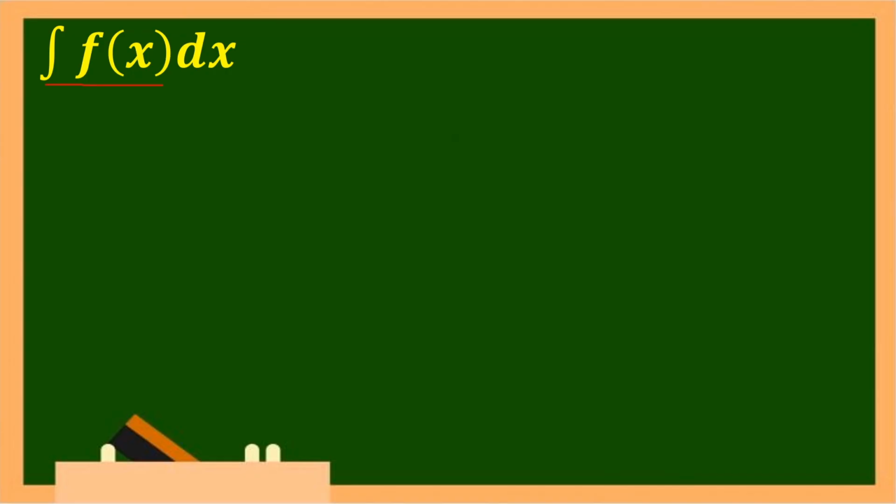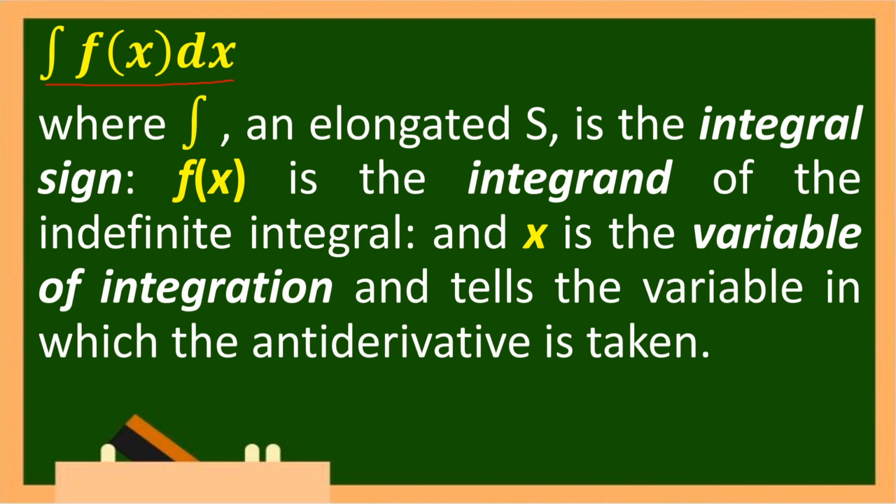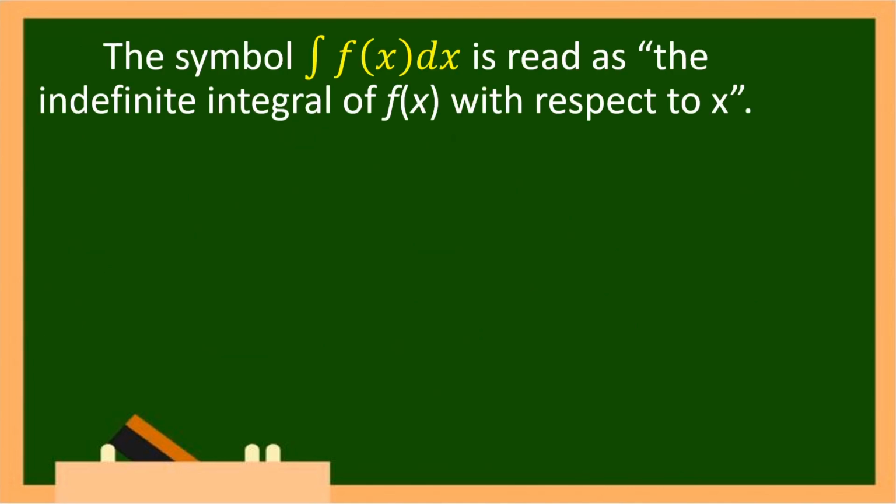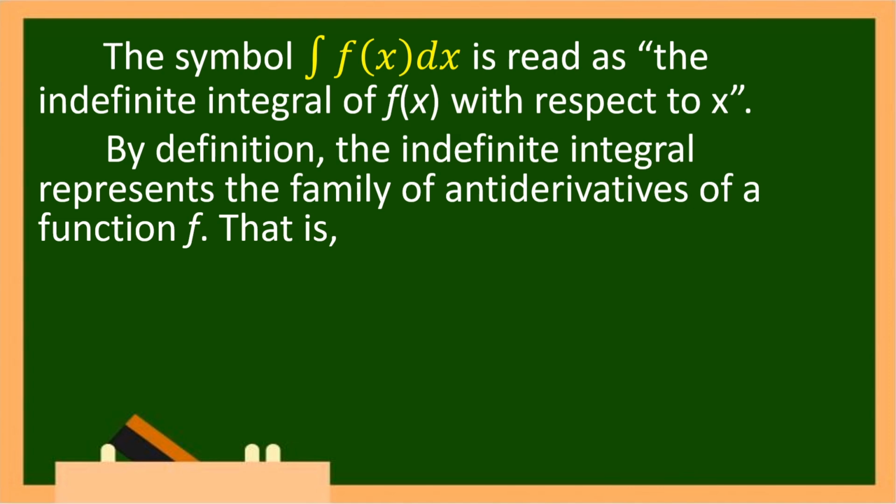The indefinite integral of f of x with respect to x, where the elongated s is the integral sign, f of x is the integrand of the indefinite integral, and x is the variable of integration and tells the variable in which the antiderivative is taken. The symbol is read as the indefinite integral of f of x with respect to x.